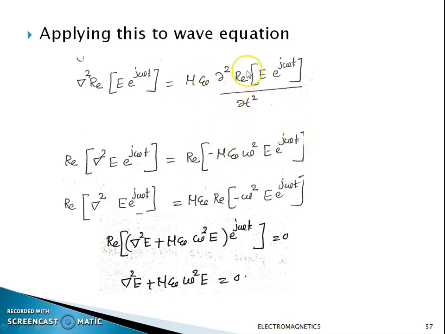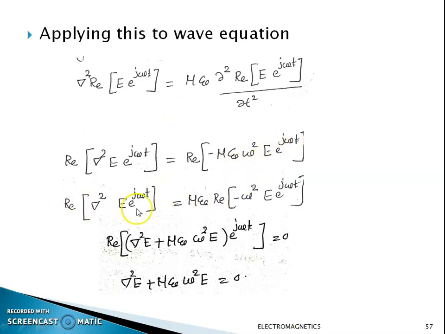That is, we have to take the derivative, that is dou square divided by dou t square of real part of e raised to j omega t. So after this we get the real part of minus omega square e raised to j omega t, and rearrange this and we get real part of minus mu epsilon omega square e raised to j omega t.